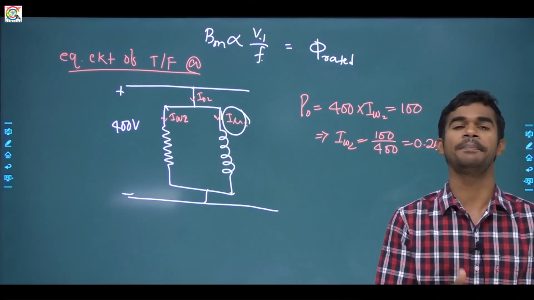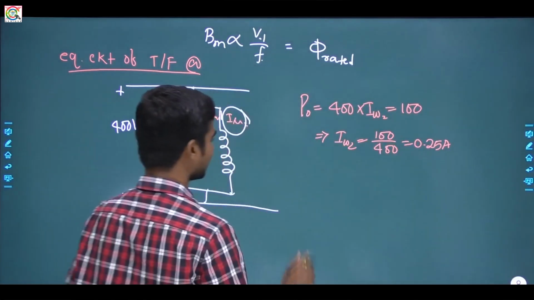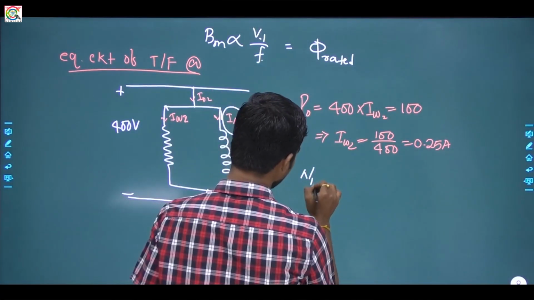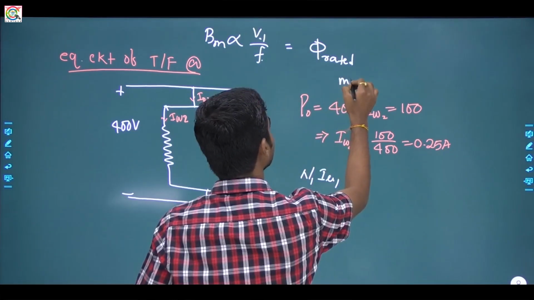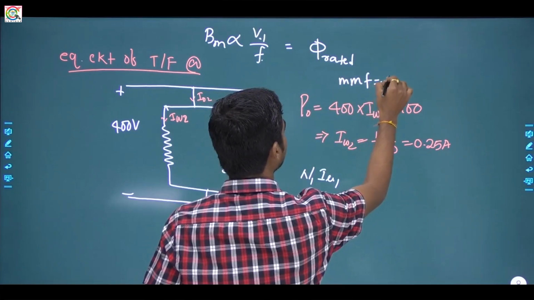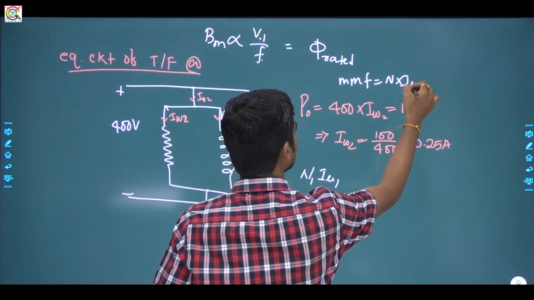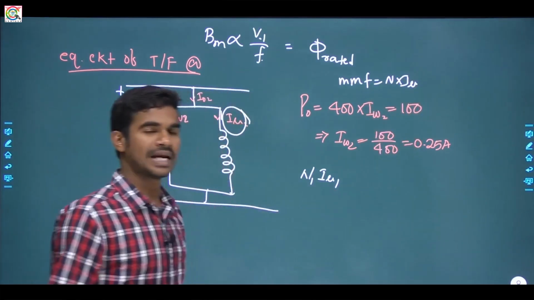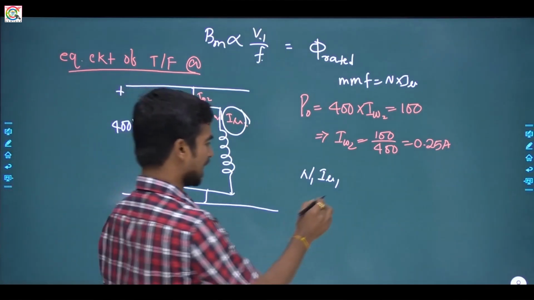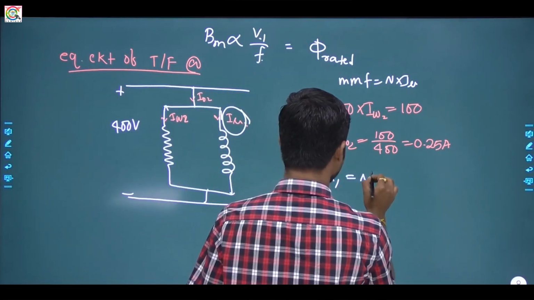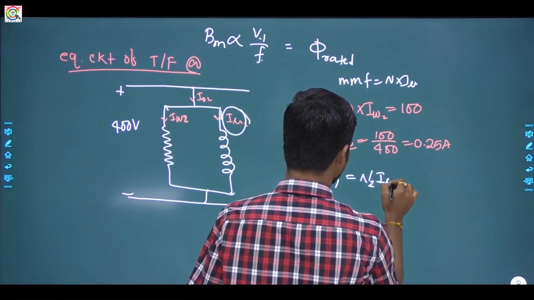So MMF remains constant. MMF is given by number of turns into the current through the winding, or the excitation current. So N1 Imu1 is equal to N2 Imu2.